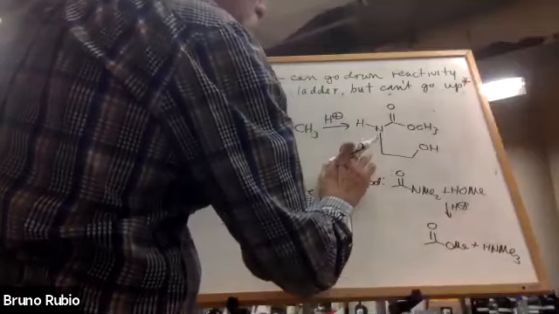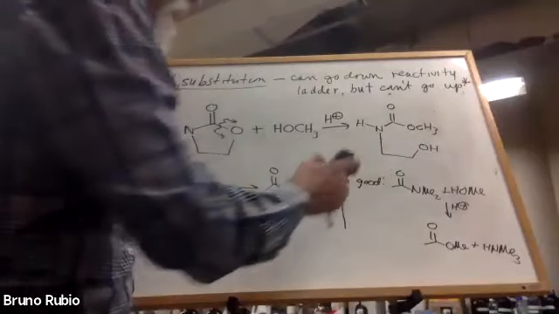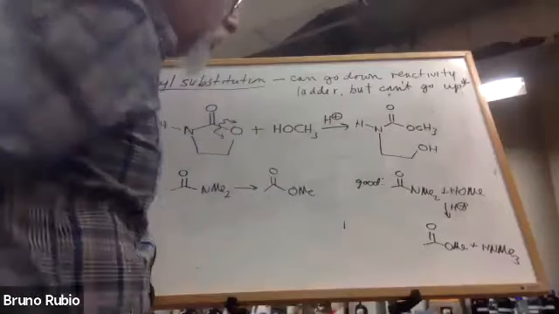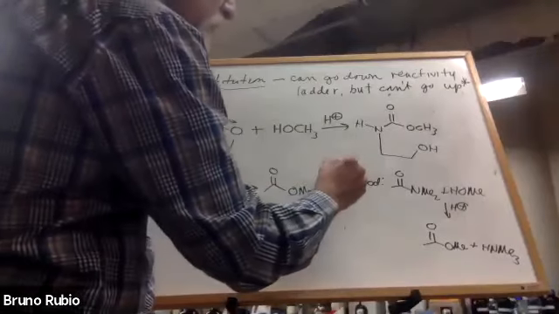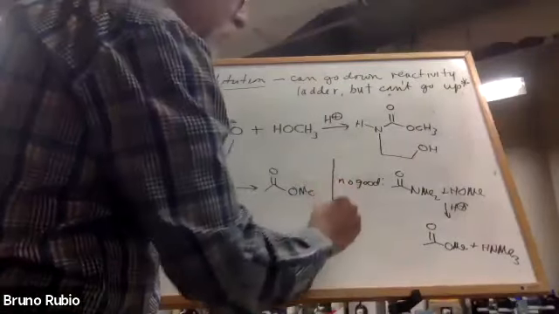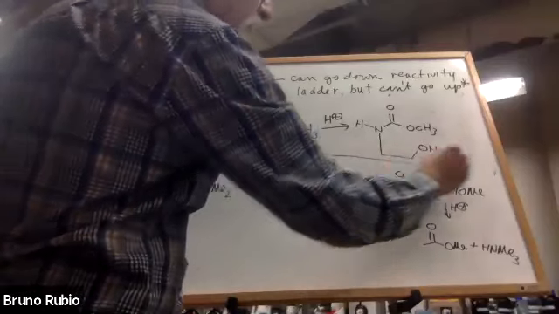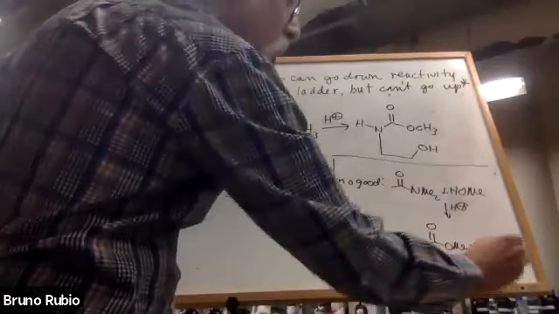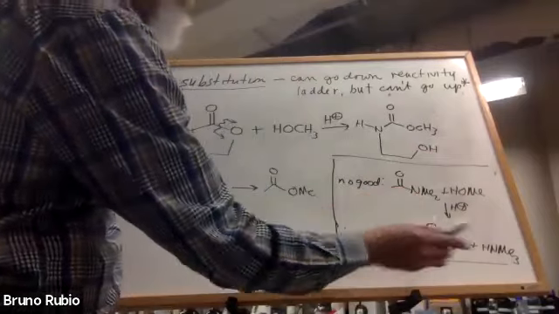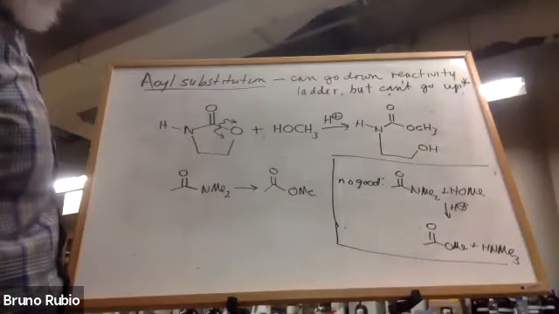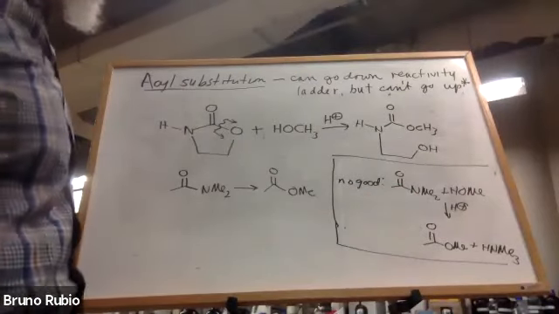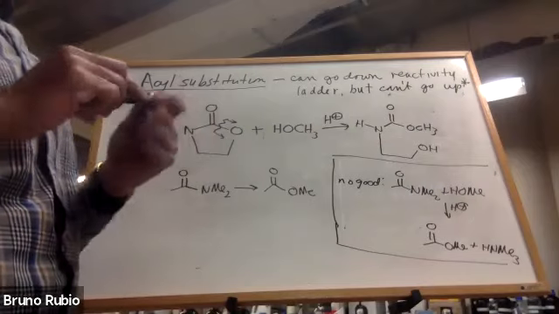This is no good, because we're defying the reactivity ladder. We can't go from an amide to an ester, because that's going up the reactivity ladder. So that's no good. We have to be more cunning.